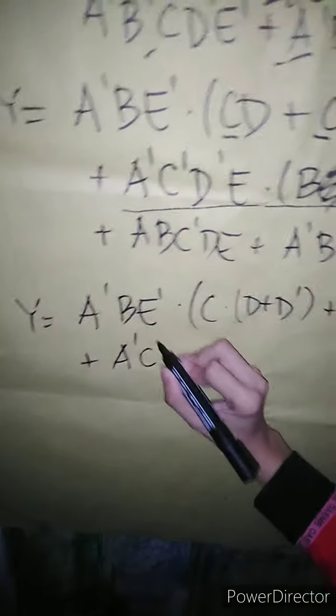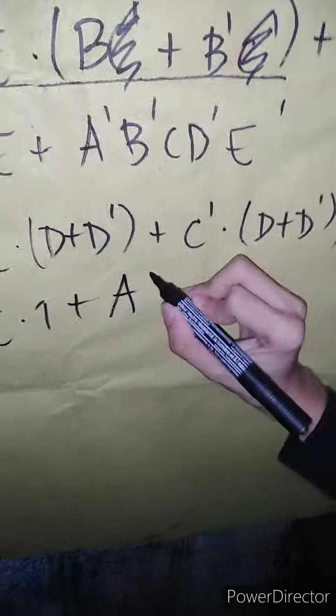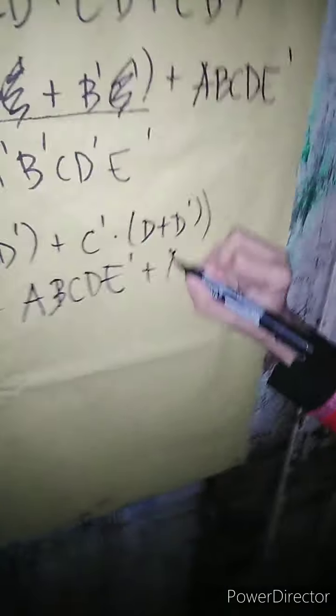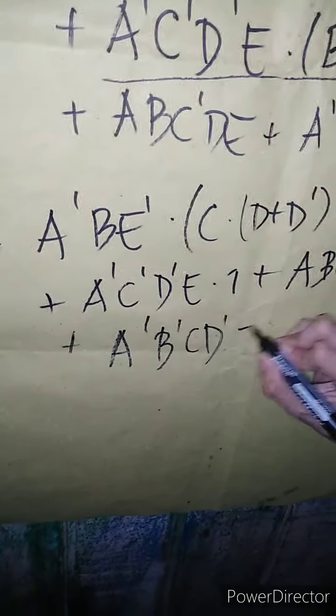So, we have A prime, C prime, D prime, E, and 1, or A, B, C, D, E prime, or A, B, C prime, D, E, or A prime, B prime, C, D prime, E prime.